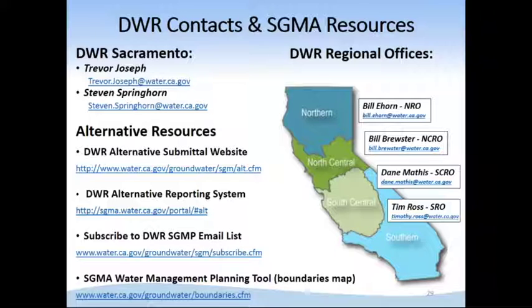So a question: without a timeline on the review of a plan, how should agencies deal with the impending GSP deadlines? Read the Sustainable Groundwater Management Act closely. There is some additional time allowed for local agencies to address GSA and GSP requirements if the department deems alternatives essentially inadequate. So that is something that local agencies will have to take into consideration.